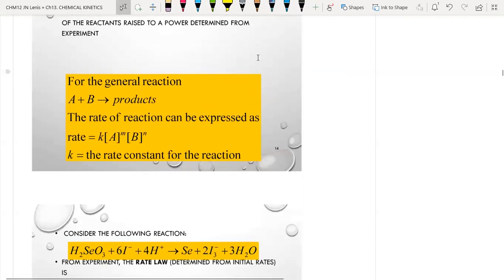So, in general, we need to express the rate of the reaction, and we express the rate of the reaction using something that we call the rate law. This is the most important law you will learn today.